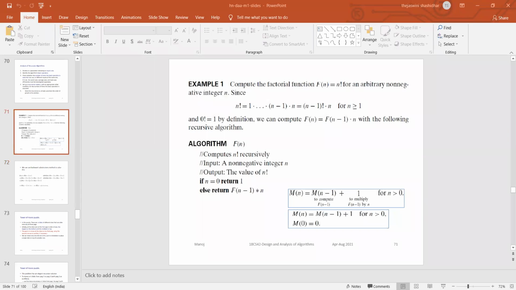Why do we take plus 1 in the recurrence relation M(n-1) + 1? Can anybody tell why we take this plus 1 here?